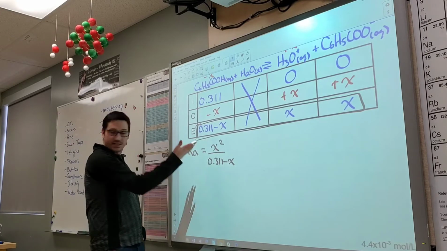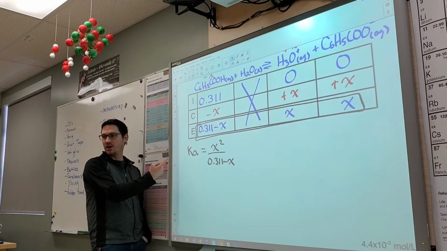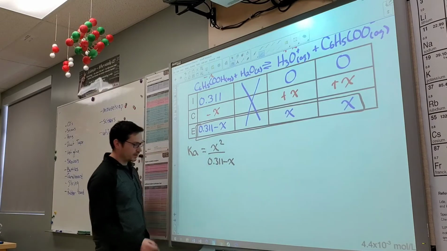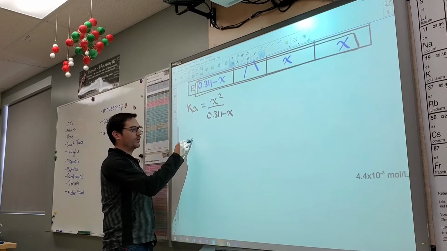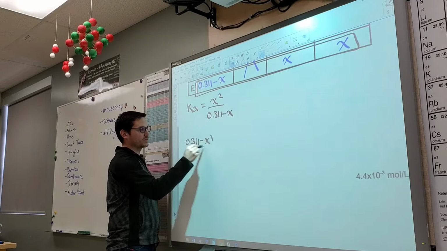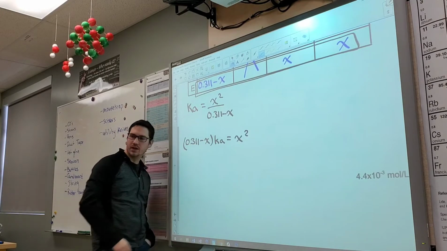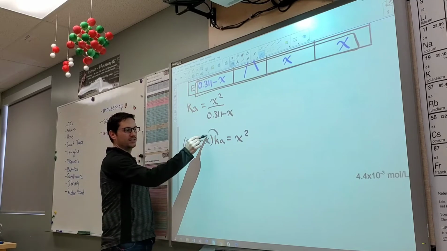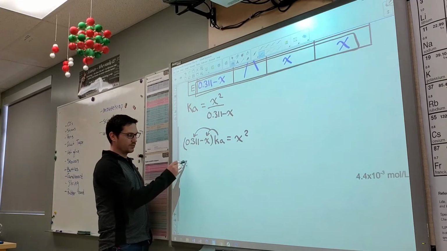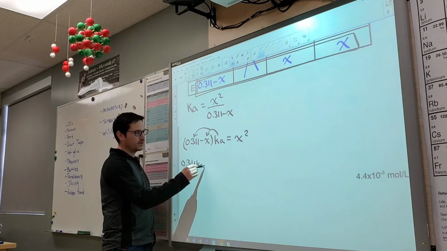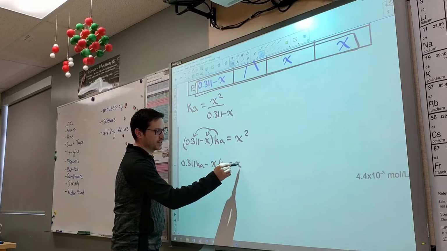Let's multiply this up to the top, and we're going to get 0.311 minus x times Ka equals x squared. Then I have to distribute the Ka into the brackets, so I get 0.311 Ka minus x times Ka equals x squared.